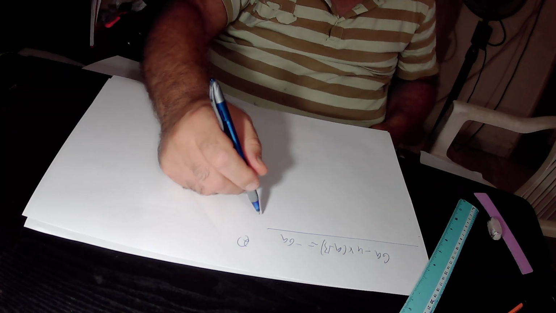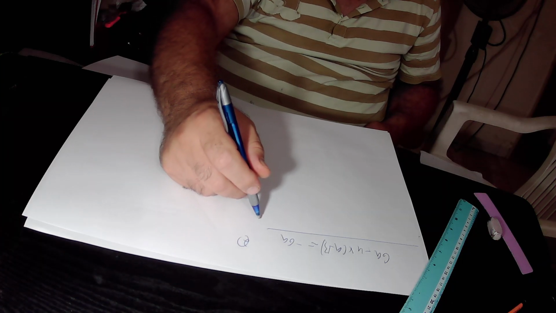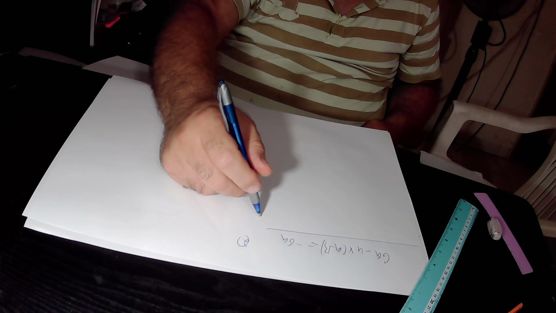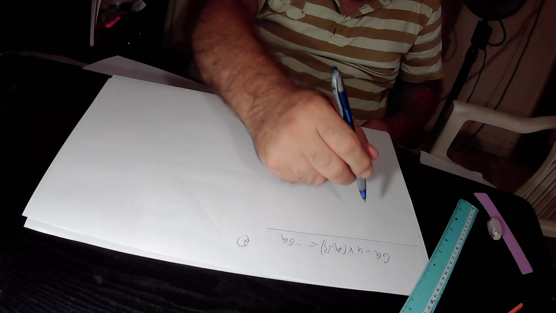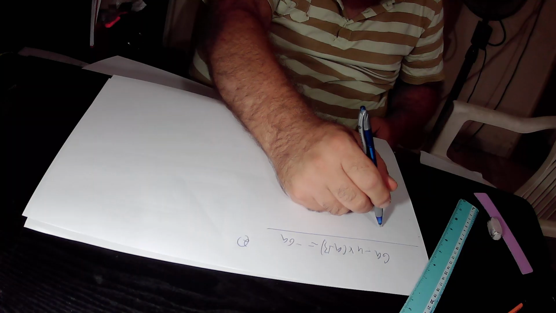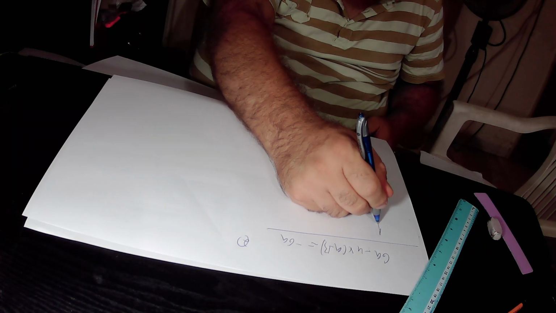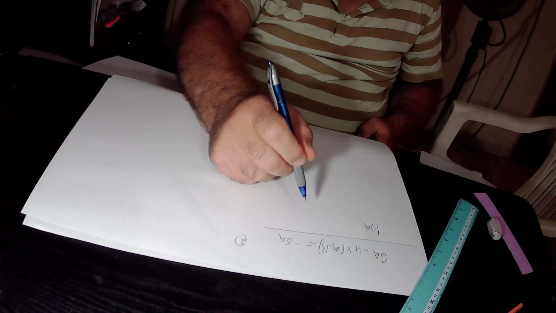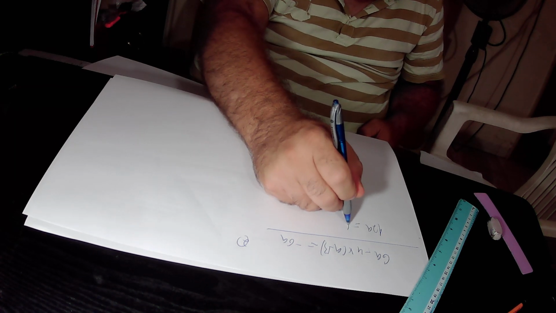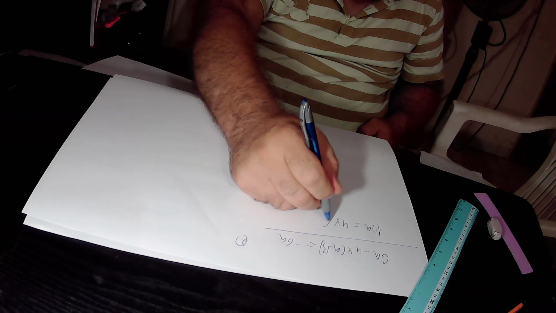Here we will add 6a and also 4x times a plus 3 simultaneously to this equation, and we get that 6a plus 6a is 12a, and it equals 4x times a plus 3.